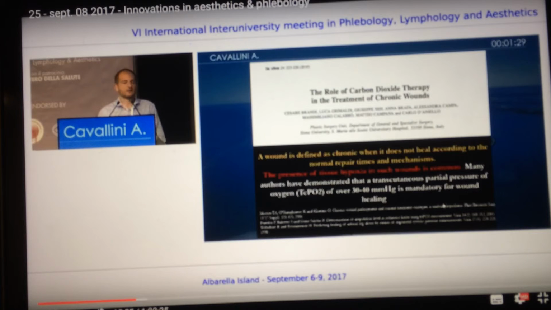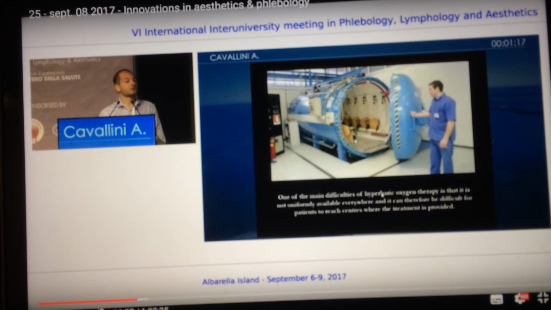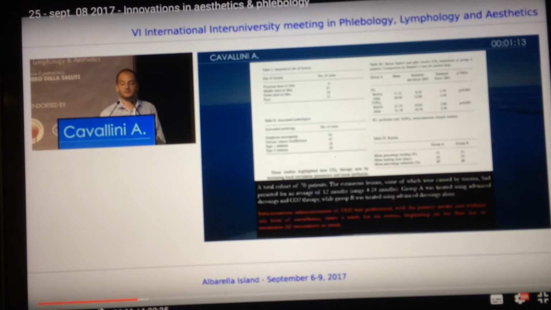But also for ulcers, this technique is important because in ulcerations, of course, you've got lots of tissue damage due to an ischemic process, and if you don't reach 30, 40 millimeters of mercury, you can't treat the ulcer. In this case, we've got this laboratory, which is very comfortable for the patient.